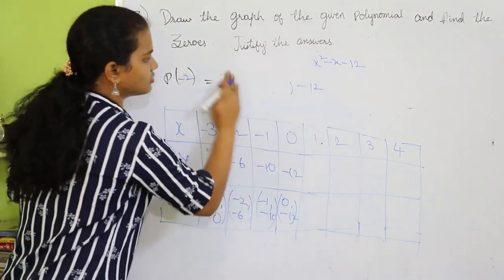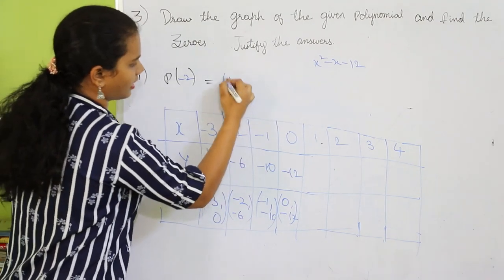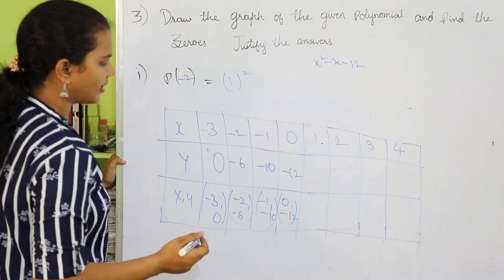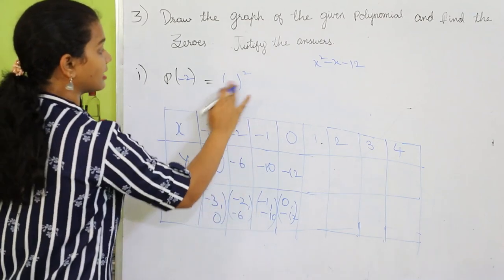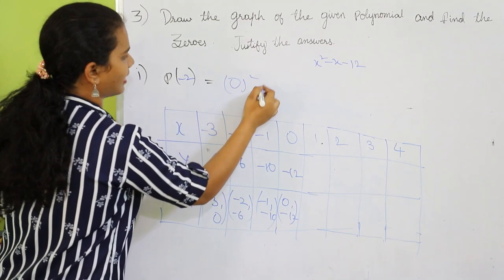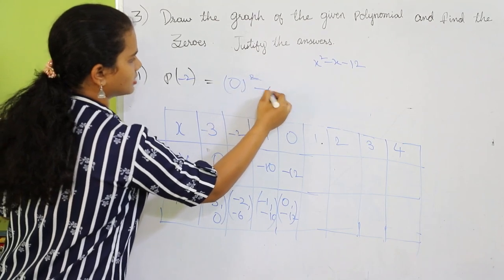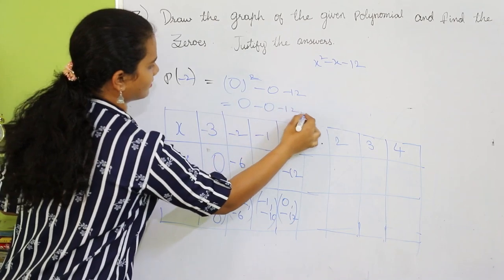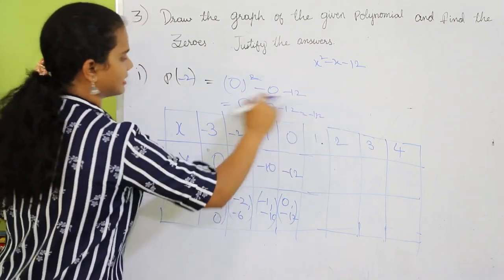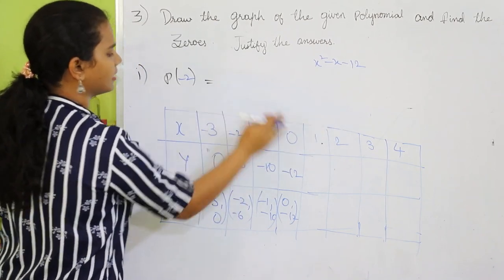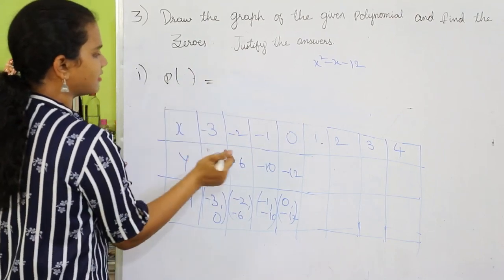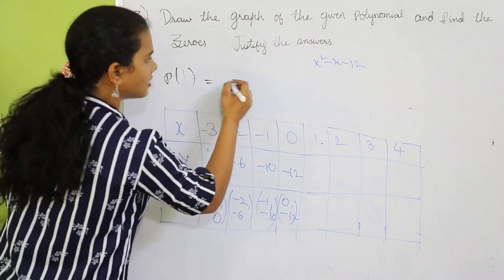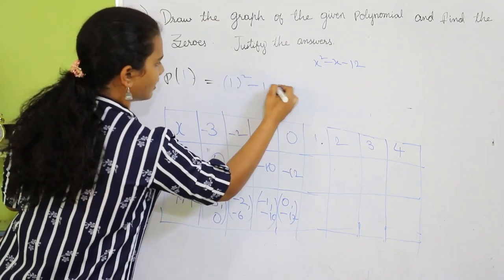Now it's plus 1, 1 whole square. In the case of 0 also it's 0 square minus 0 minus 12, which is minus 12. Now let me go for the next one. If x equals 1, what happens? 1 square minus 1 minus 12.